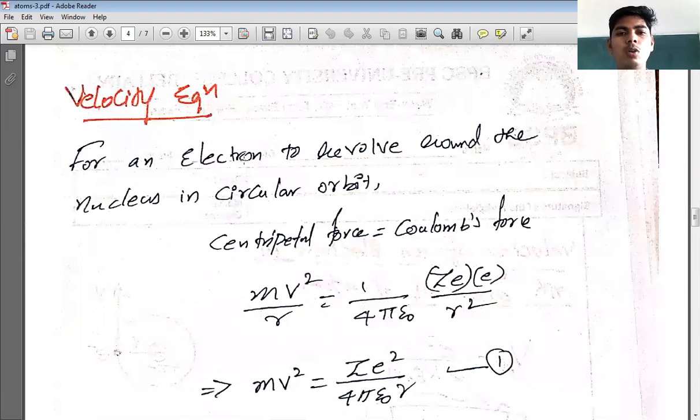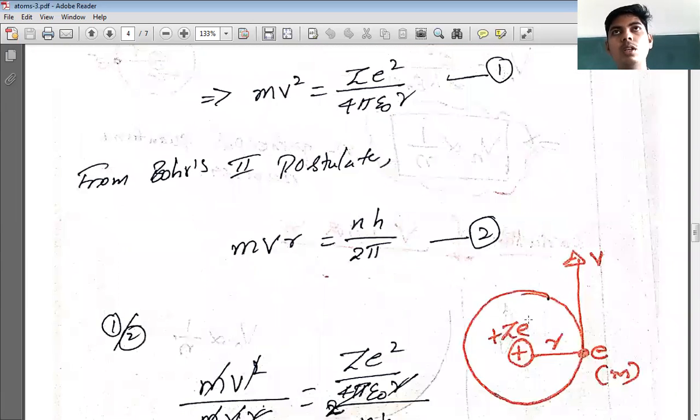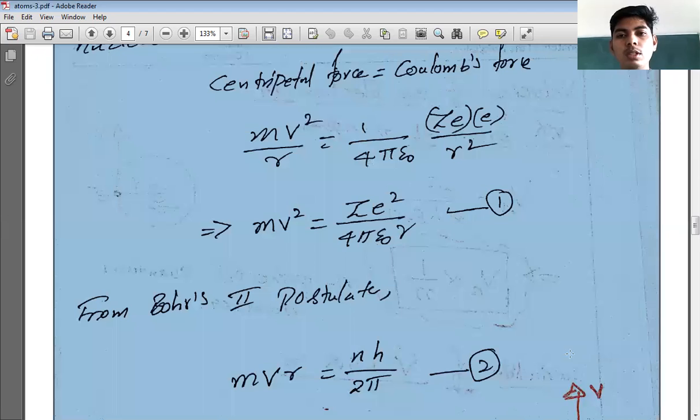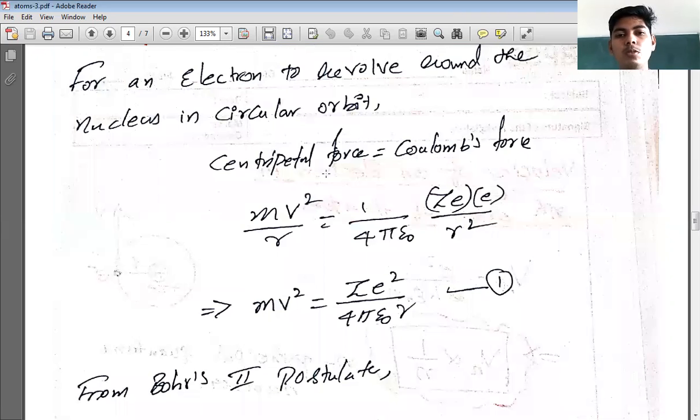For electron to revolve around the nucleus, centripetal force is required. That centripetal force will be provided by Coulomb's force of attraction between nucleus and the electron. Centripetal force is given by mv square by r.